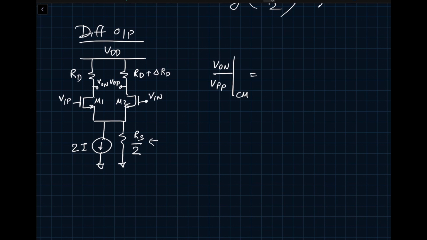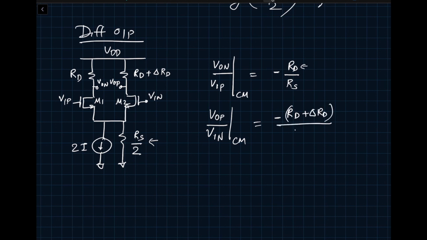So this is going to look like minus RD divided by RS. And on the other side, it will look like VOP divided by, what is the mistake I have made here? Sorry, erase this part here. This should be VIP and this should be VIN, and we are only looking at common mode. So in this case, instead of RD, I have minus RD plus delta RD divided by RS.